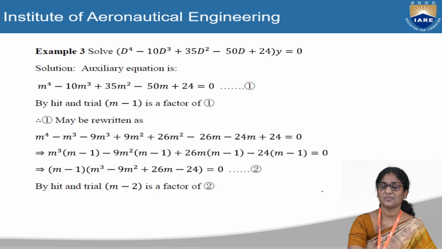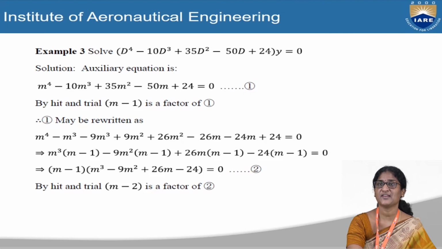I'm increasing my order. Now d to the power of 4 minus 10 d to the power of 3 plus 35 d square minus 15d plus 24 into y is equal to 0. This is a fourth order homogeneous linear differential equation with constant coefficients. Why constant coefficients?